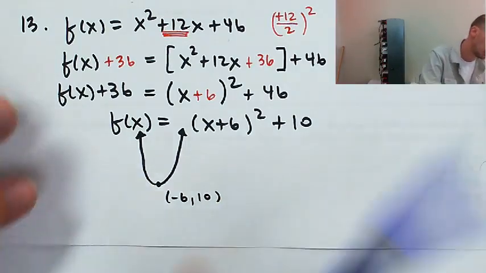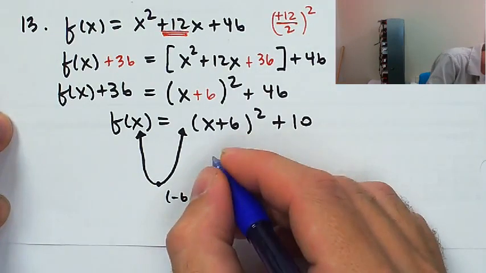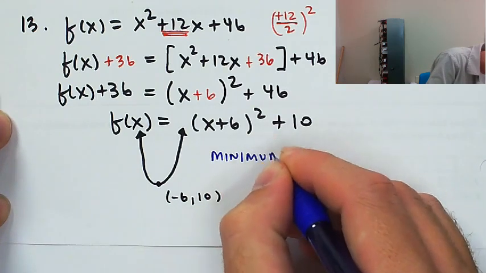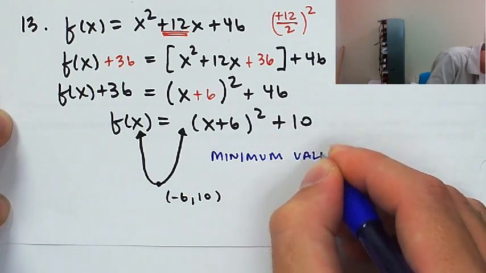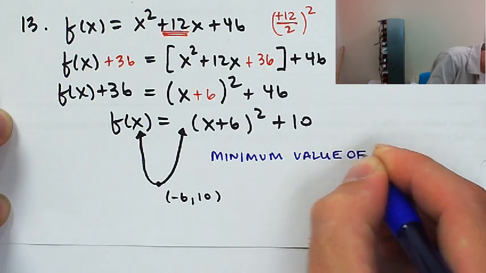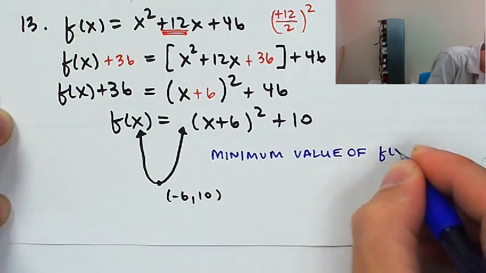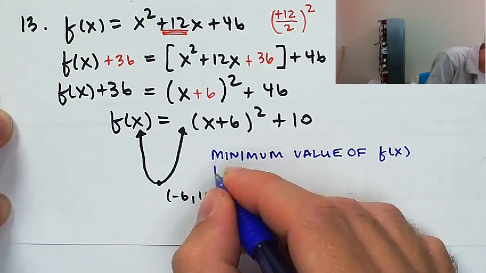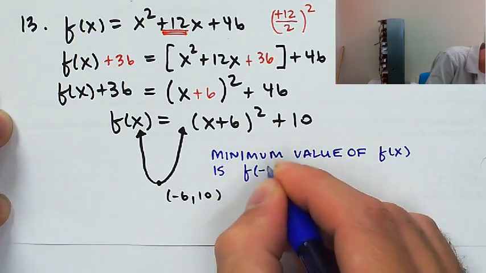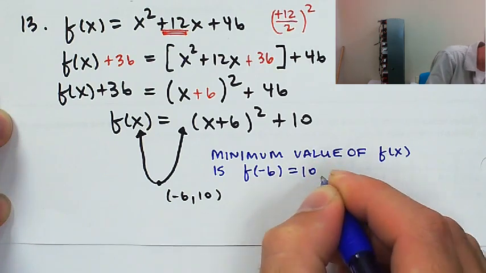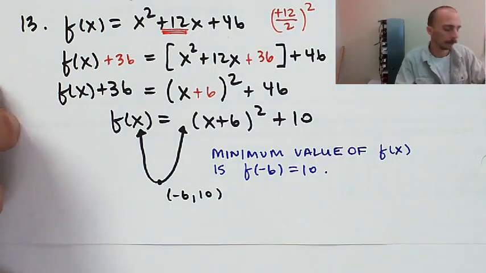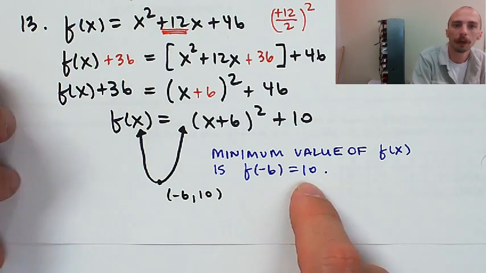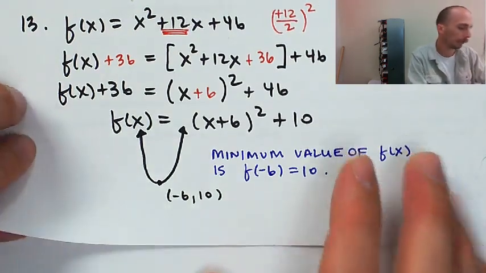So I'm going to say that the minimum value of f of x is 10, or we could say it is f of -6 equals 10. But really, the 10 is the value of f, because it's the y coordinate.